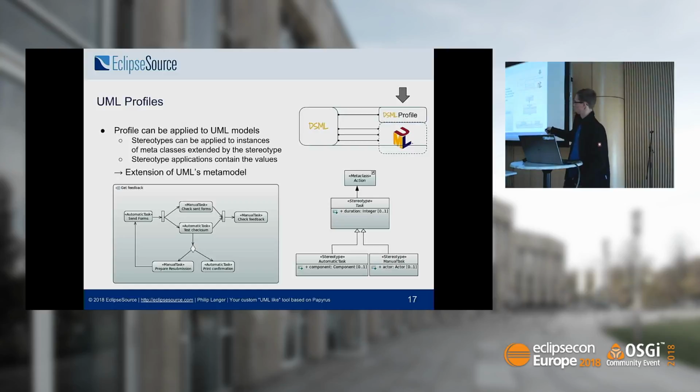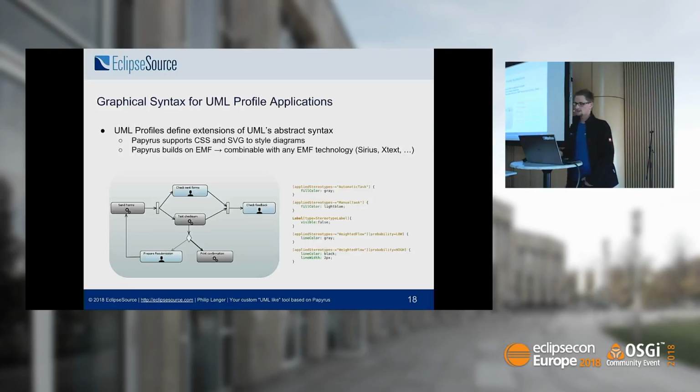So with that, we can basically extend the UML language quite easily, and I show that in the tool in a second. Of course, not only the meta model, but also the representation of the language is very important in terms of the graphical shapes that we use.